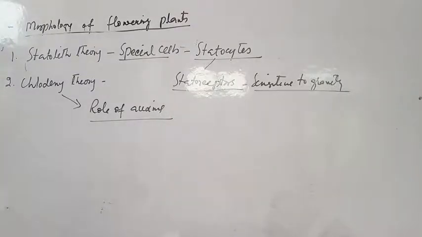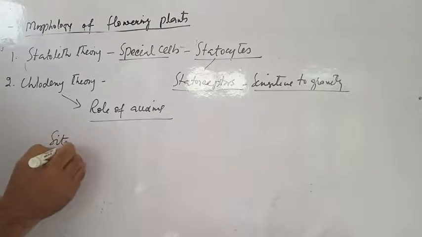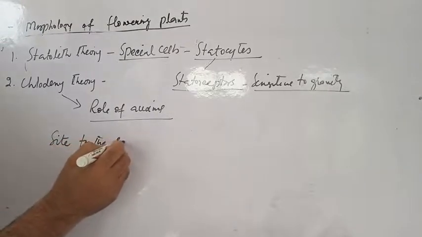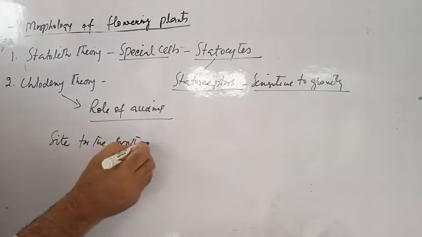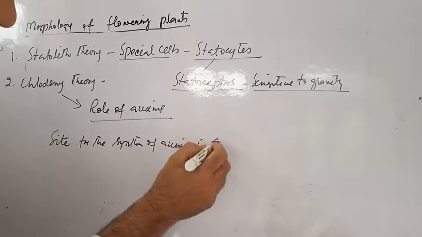According to this theory, the site for the synthesis of auxins is SAM.